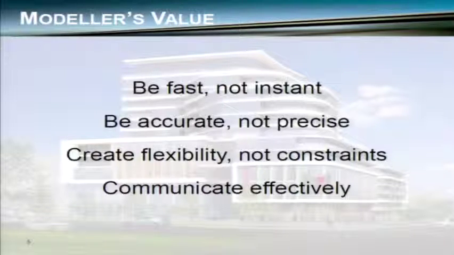So the second item on here is to be accurate, not precise. I think we can all recognize that when we're trying to engage in early design decision making, we're never going to be precise to the nth decimal place. But it's important to be accurate. If we're going to inform design, we want to make sure that the direction we're setting is based on something that we can trust and rely on.